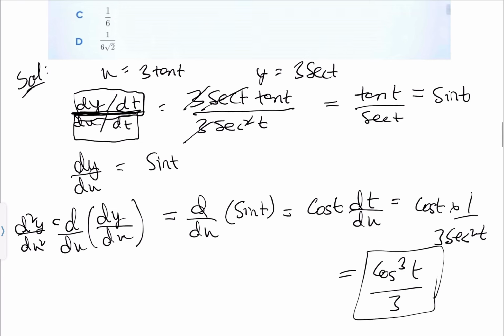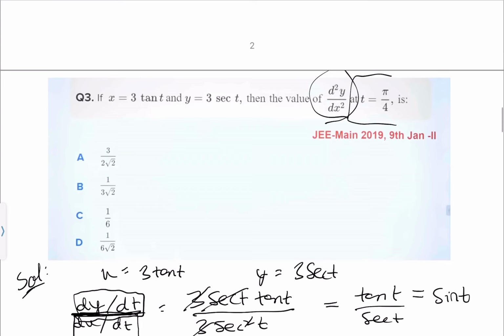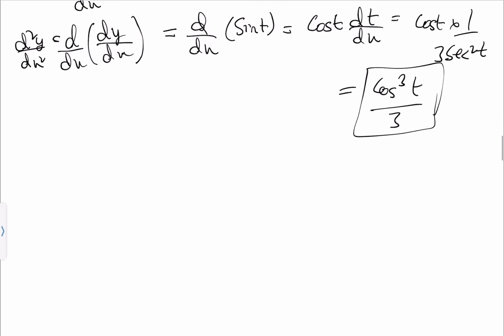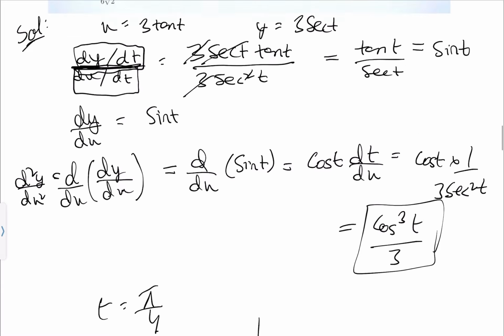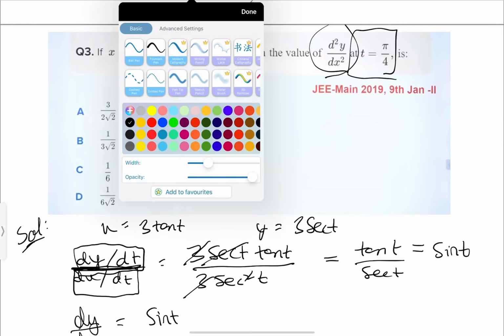And then we need to find this value at t equals pi by 4. So we put t equals pi by 4. So this will be 1 by 3 times 1 by 2 root 2, which will be 1 by 6 root 2, and it will be our last option, option D.